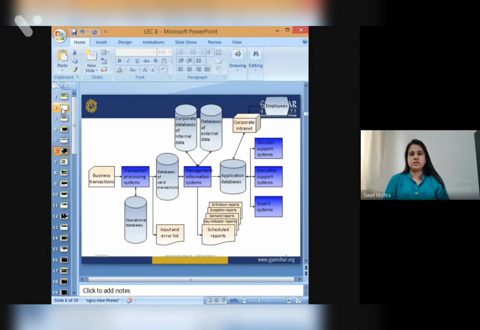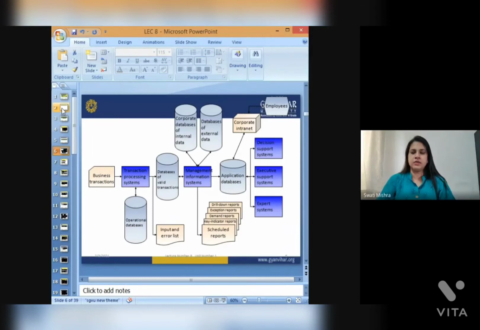And once this database of valid transactions is moving the information into the management information system, the corporate databases of internal data and databases of external data also enter some information into it, which then reaches your application databases. And there you can draw that data from the corporate intranet also.